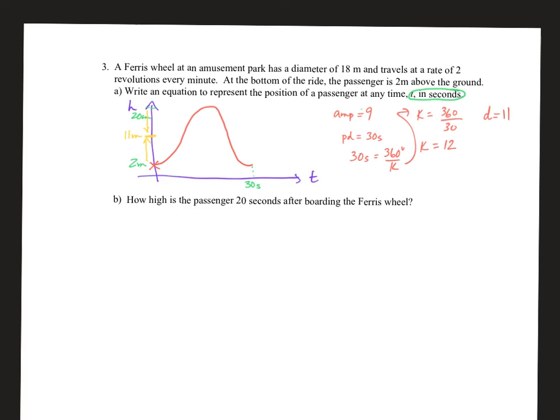So my equation then in this context, I'm talking about height. What do I want to use as a curve? Well, my curve's starting on the bottom again, so I would like to use a reflected cos graph. I have an amplitude of 9. By using my reflected cos graph, I don't have to worry about a phase shift.